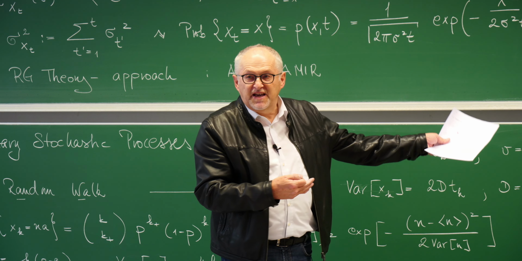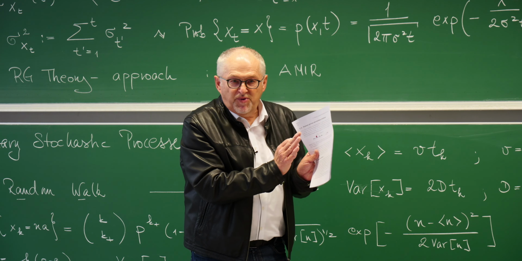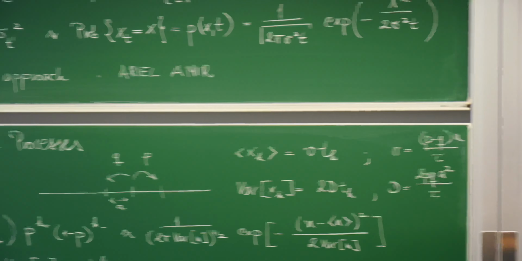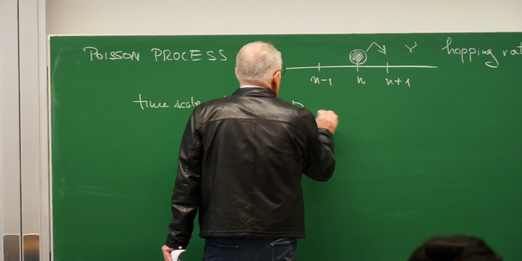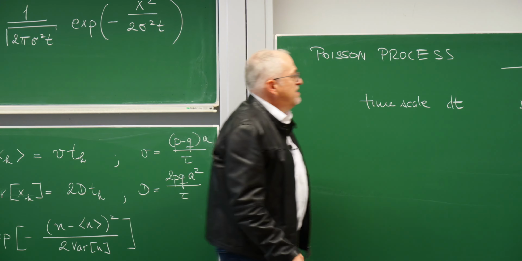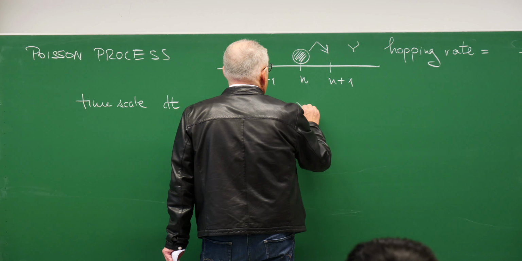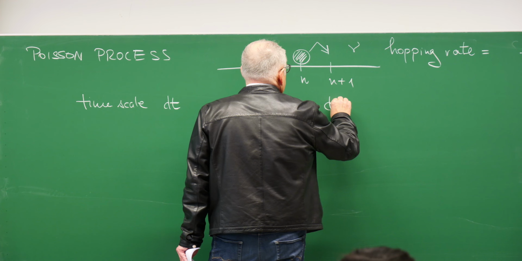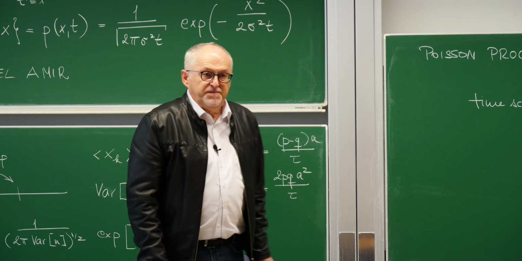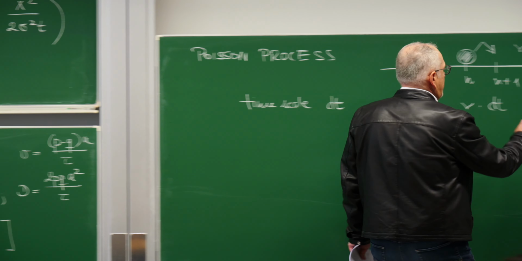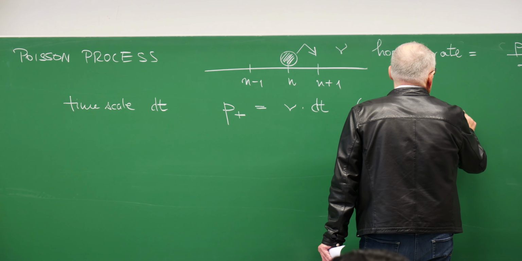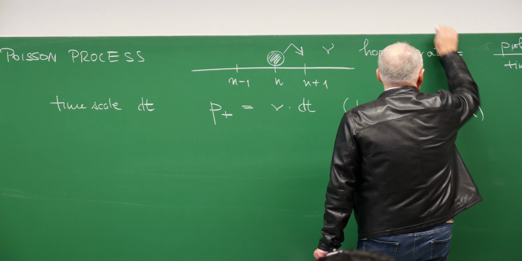And what I'm doing now is I say my time scale is a very small incremental time scale, delta t, infinitesimal. Then I have a corresponding probability, p plus, of my particle hopping forward. This is the rate times the time scale that I'm looking at the process. Okay? There's an alternative. What's the alternative?